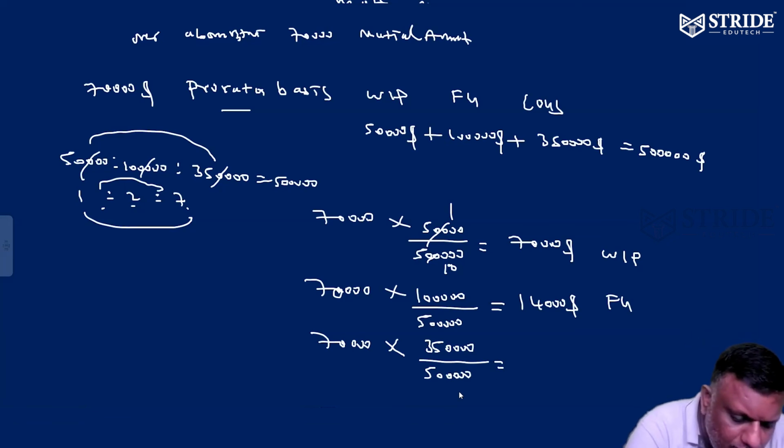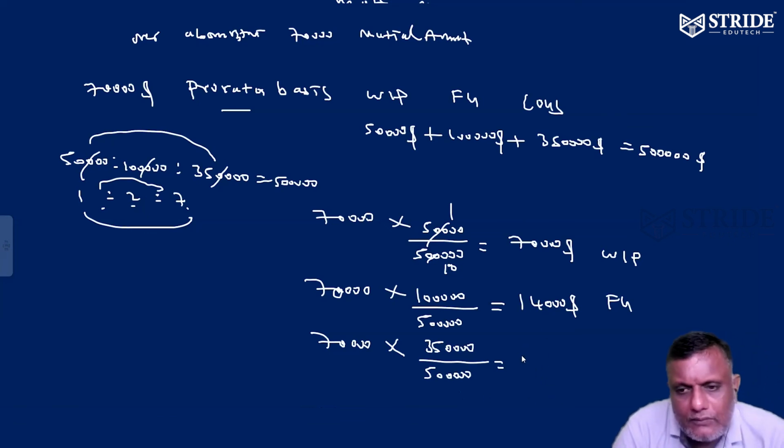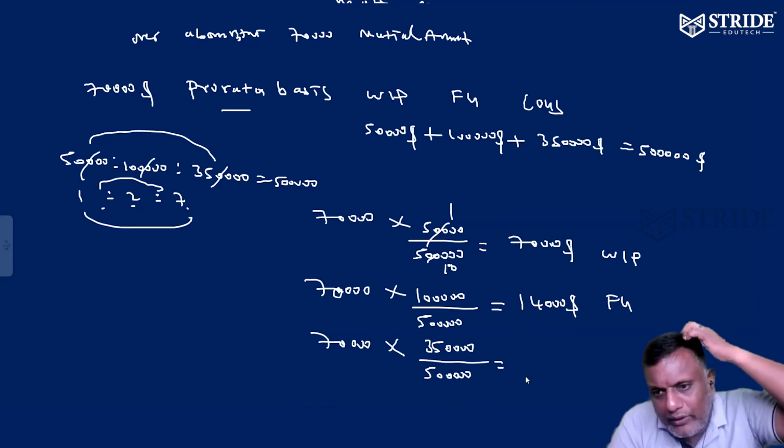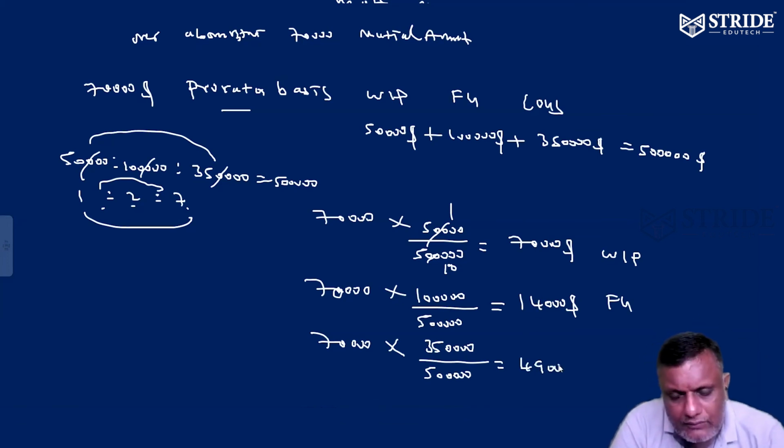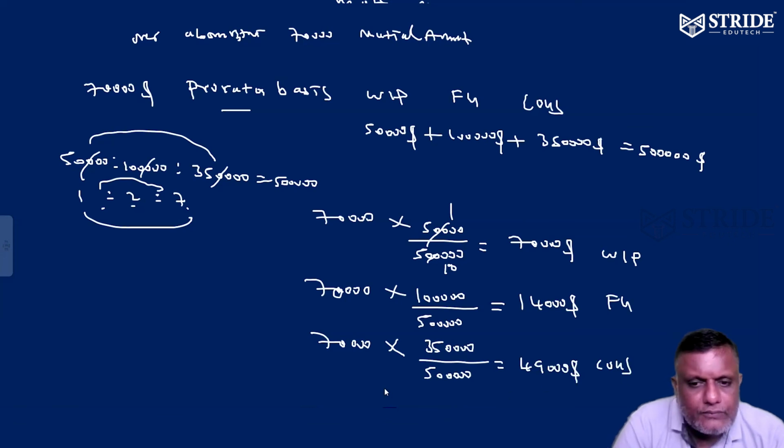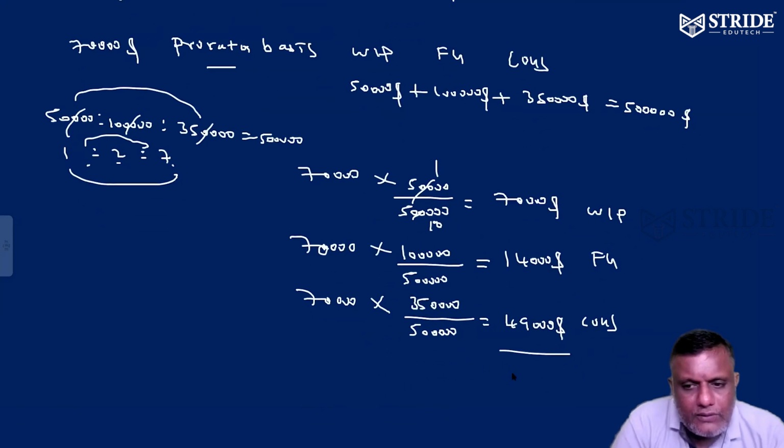So 14 plus 7 is 21, 49. $49,000 is charged to COGS. So the total $70,000 is allocated to WIP, FG, and COGS.